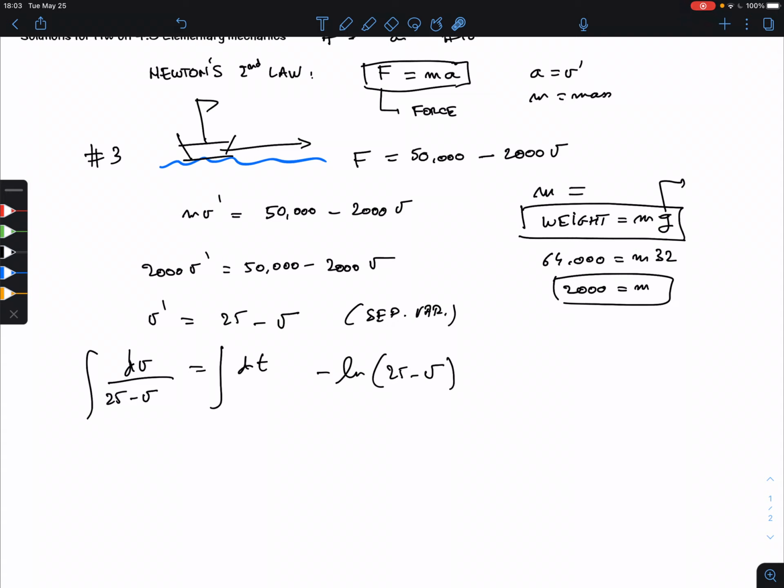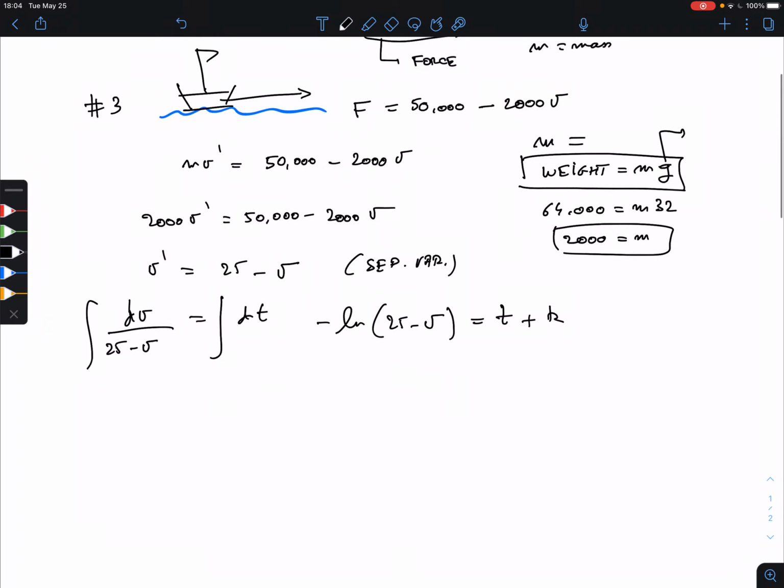Okay, so this is equal to t plus a constant. So let's call this constant k. When you're converting ln's, when there's a coefficient in front of it, you can bring it inside, but you can also bring it to the other side.